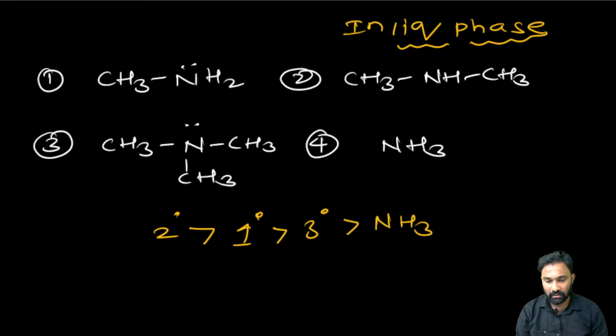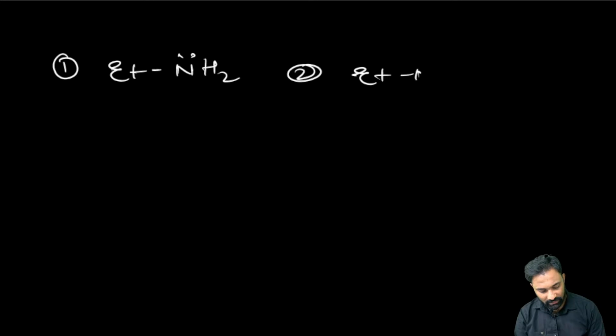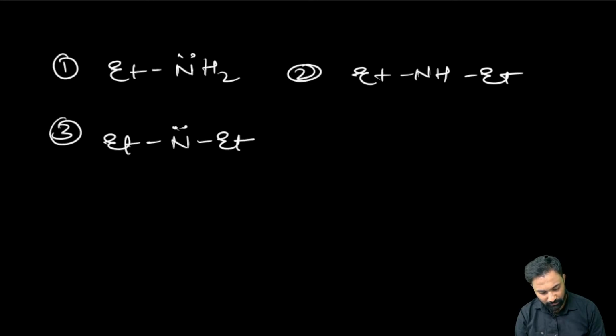Now this is in the liquid phase, but irrespective of the methyl, if they are given the ethyl: ethyl NH2, now the second one with NH and here it is an ethyl, right? Now the third one, 3 degree ethylamine, and the fourth one ammonia, if they are given.